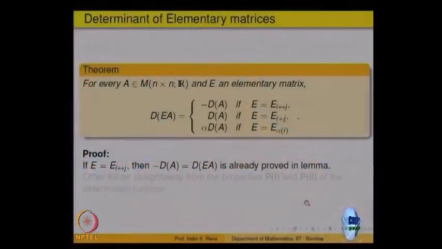So, what you are saying is the determinant of a matrix pre-multiplied by an elementary matrix is the same as the product of the determinants, right, and that follows from this simple identity. Okay. So, let us go a step further. That is the same as written again, E A is equal to minus D A. So, we can write that as a theorem.